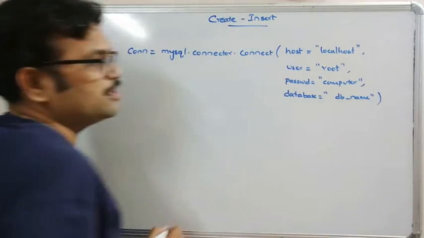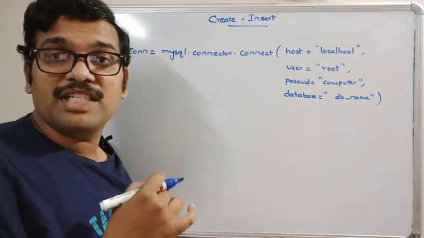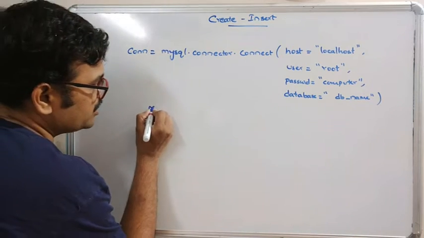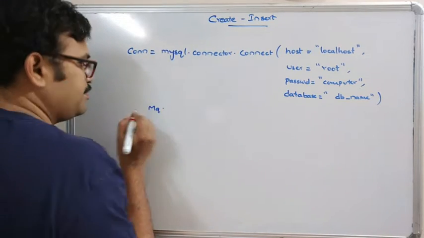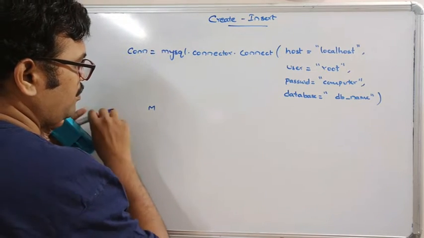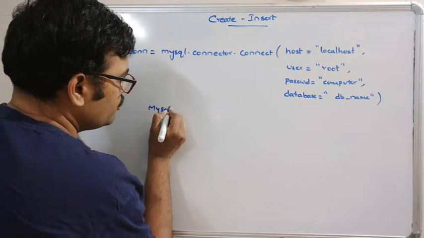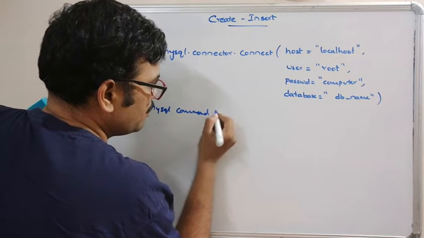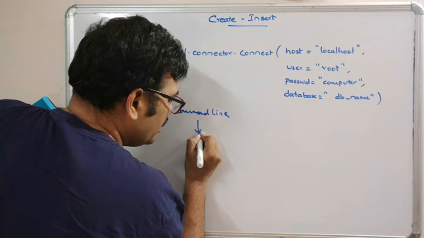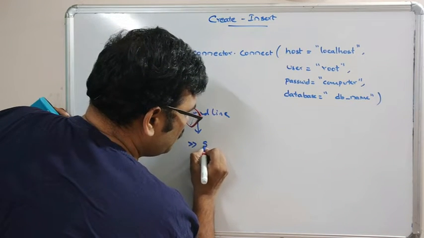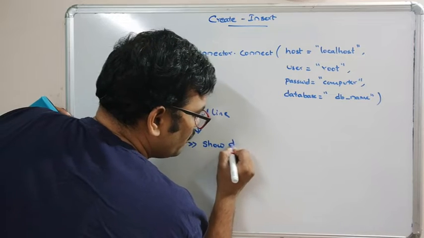So how do we know what databases are available in our MySQL? Go to the MySQL command line. There you get the cursor, and there you can type show databases.